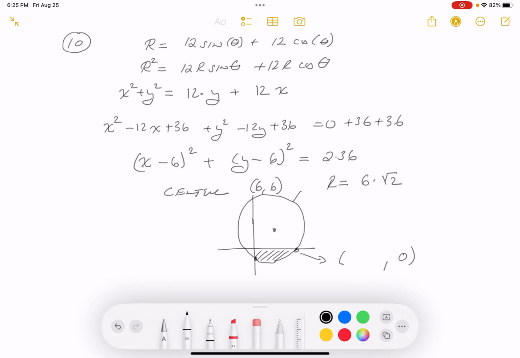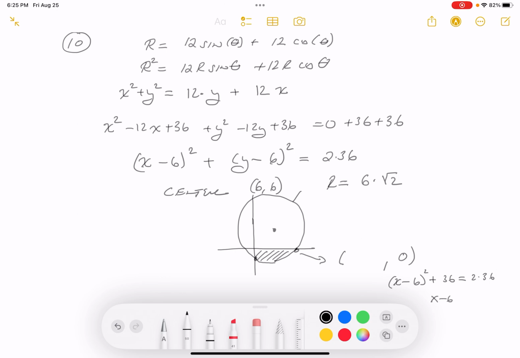So if the y is 0, you'd have x minus 6 squared plus 36 is equal to, again, if y is 0, you get minus 6 squared, which is 36. 2 times 36.